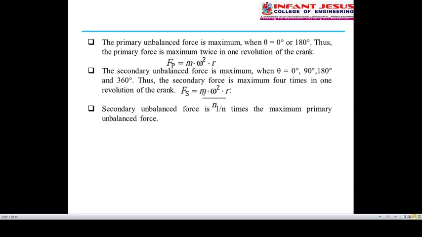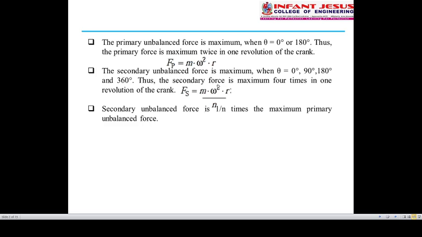So the secondary unbalanced force equals m omega square r by n times cos 2 theta. Cos 2 theta is maximum four times, and its maximum value is 1.